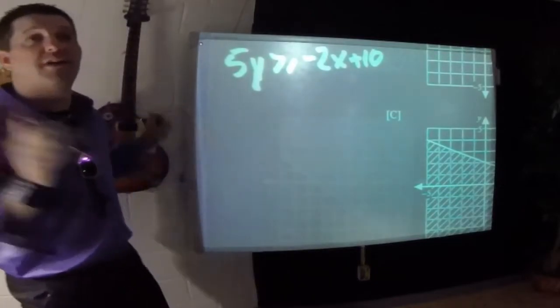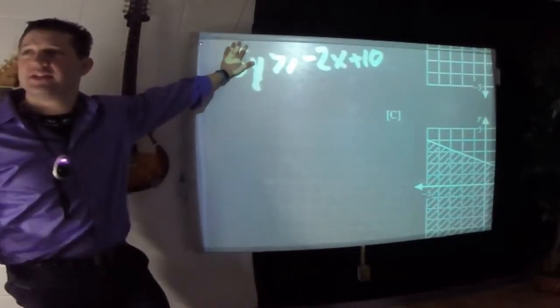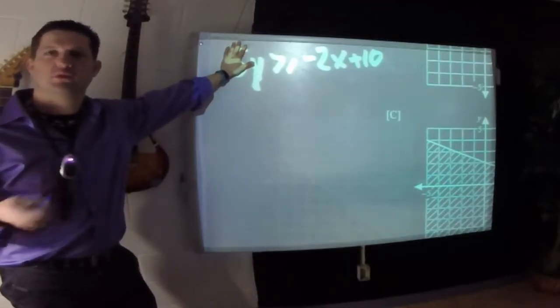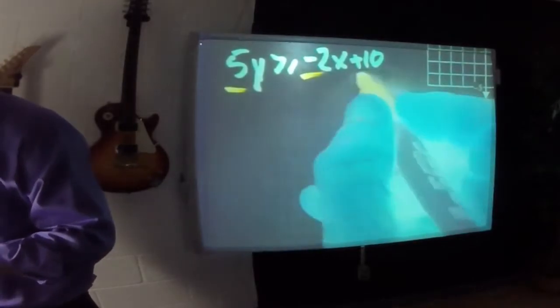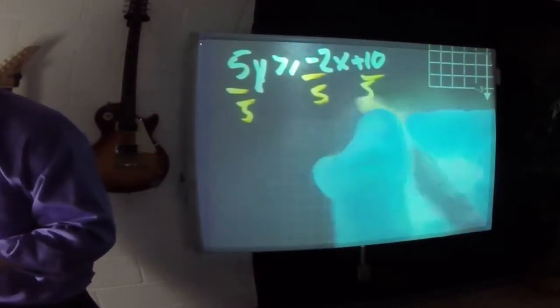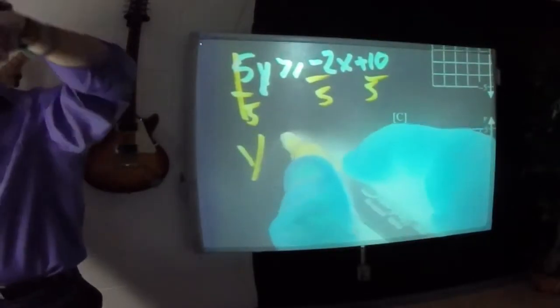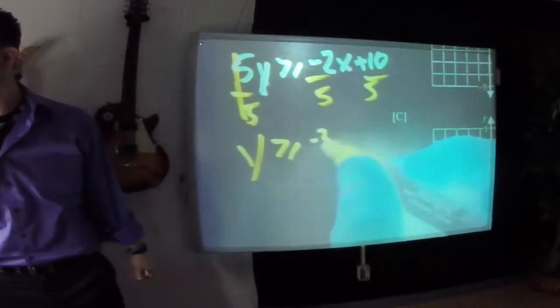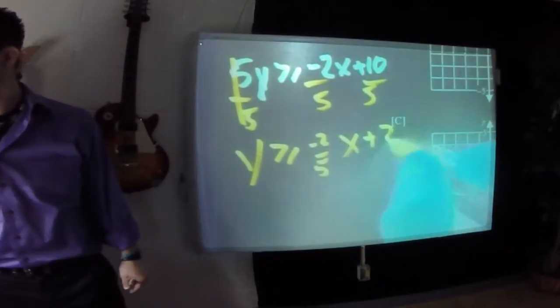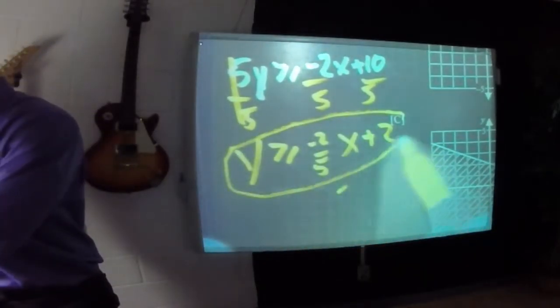Now I've got to take care of this coefficient. How do I get rid of that guy? Divide. Divide by 5, by 5, by 5, and by 5. No sign change. Fives. Yep, this is not going to reduce. Plus 2.